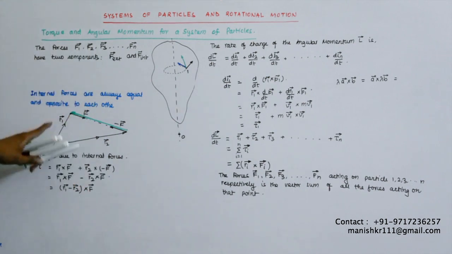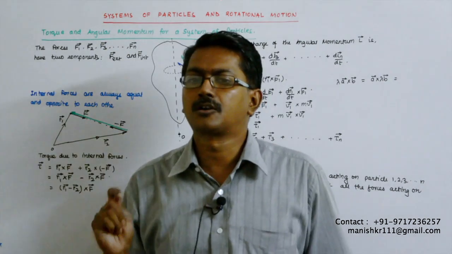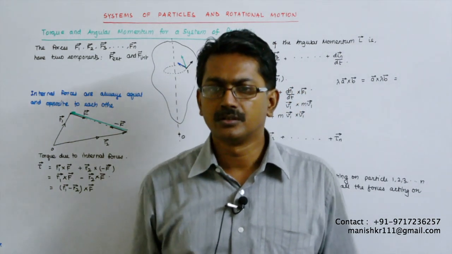Now F and R1 minus R2 make an angle of what? How do I calculate angles when calculating a cross product or a dot product? You first make them co-initial.